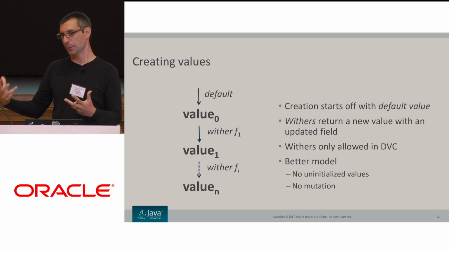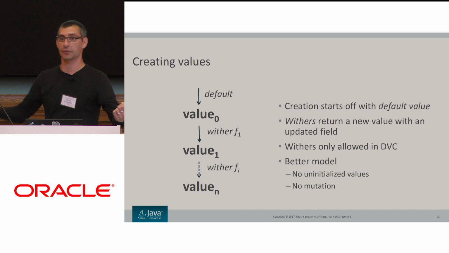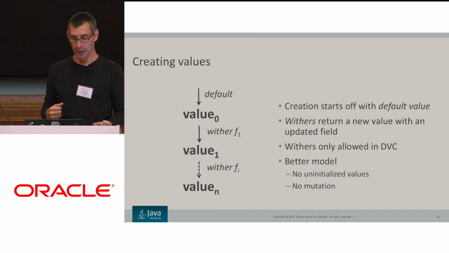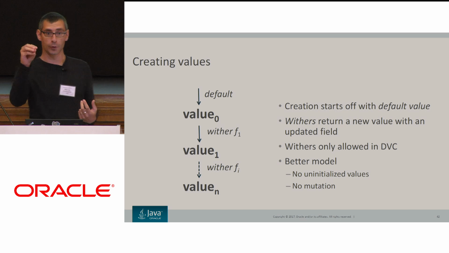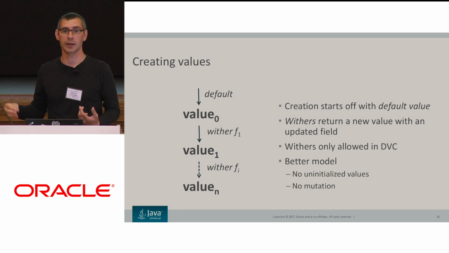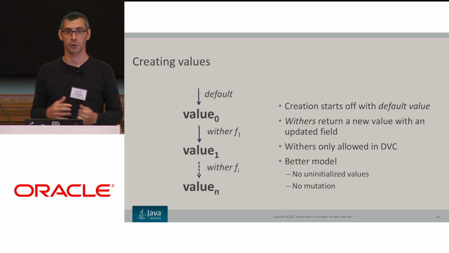It's an update that takes an existing value, updates a field, and gives you a new value with the updated field. And we call this wither. So you start with the default, you apply a bunch of withers, and you end up with your result. And the good thing about this is I haven't used mutability anywhere, and there's no need to track uninitialized things around. So there's no such thing as an uninitialized value anywhere. So I think we've improved the model significantly.